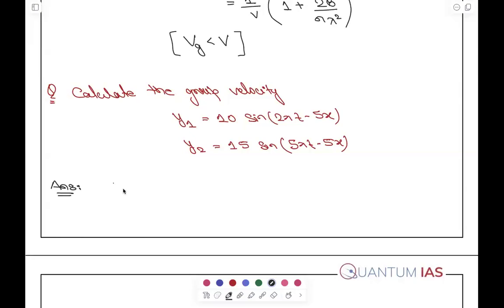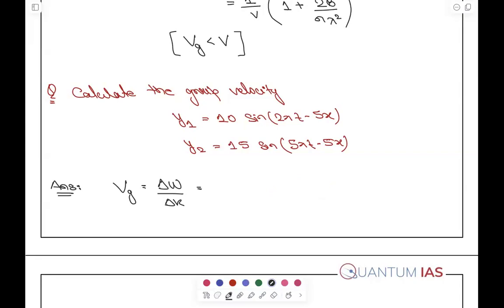What will be Vg? So I will be writing this. We were using the d omega by dk when we have the superimposition of multiple waves. When only two waves are there, this is the difference that we have to write. So delta omega by delta k. बोलो भाई, what is delta omega?